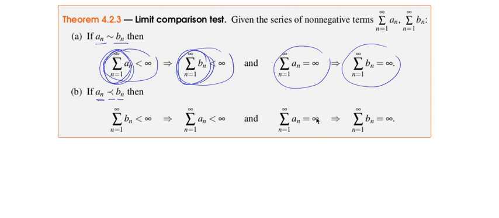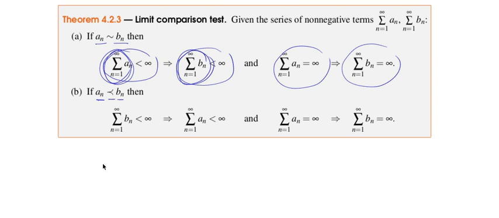If the series associated with a sub n is divergent, then the series associated with b sub n is also divergent, because a sub n goes to 0 much faster than b sub n, which means that at some point the terms of b sub n are much larger than the terms of a sub n. If this sum goes to infinity, it's reasonable to think that this also goes to infinity. This is similar to the comparison test, it's just that you don't need to make sure that every term is greater than the other one.